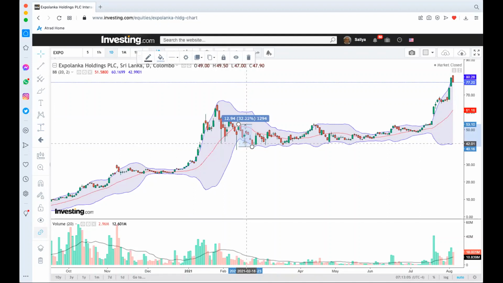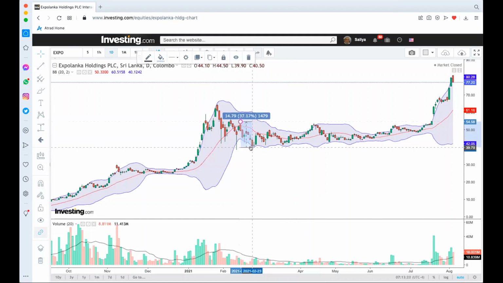And if you analyze it in a methodical way, you will understand that there are opportunities even within the band or even within the channels that you can make a decent amount of returns.